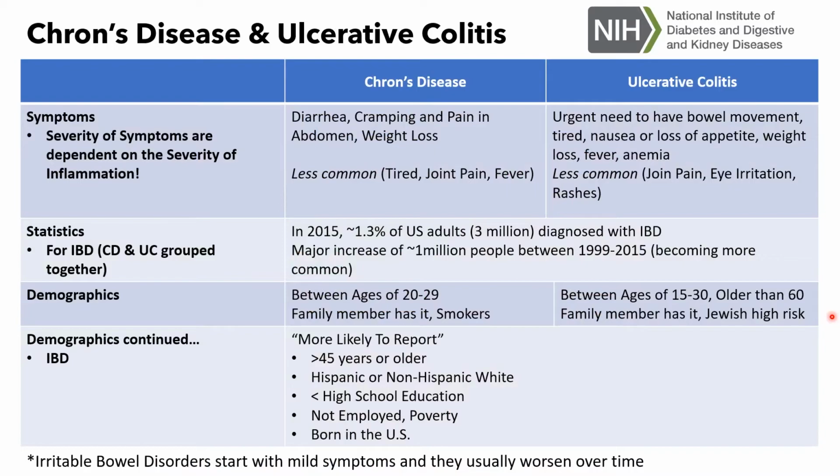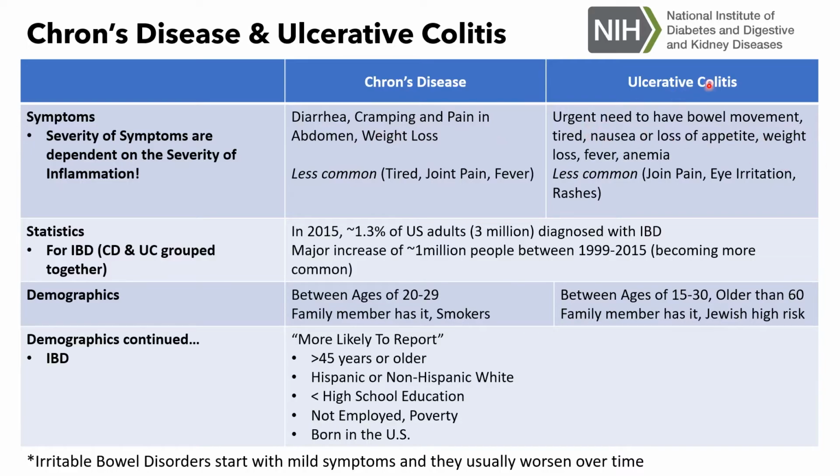All right, so now what I want to do is just quickly review some differences, but really primarily similarities between Crohn's disease and ulcerative colitis and why these two are grouped under the IBD category. So we'll see here that for Crohn's disease, this is one of the differences from ulcerative colitis. For Crohn's disease, we have diarrhea, cramping, and pain in the abdomen, as well as weight loss.